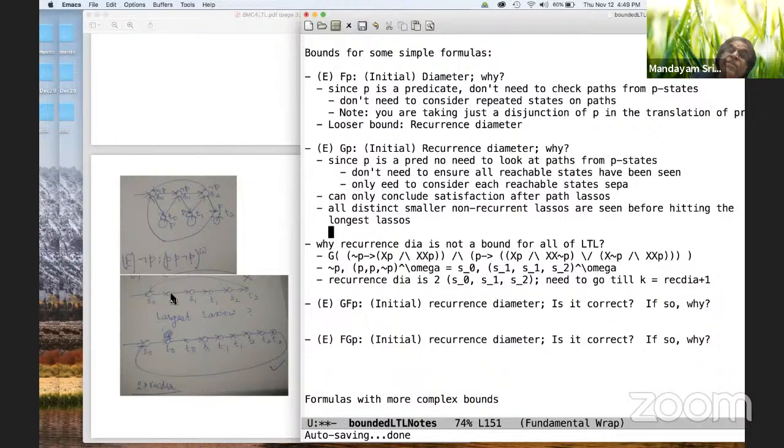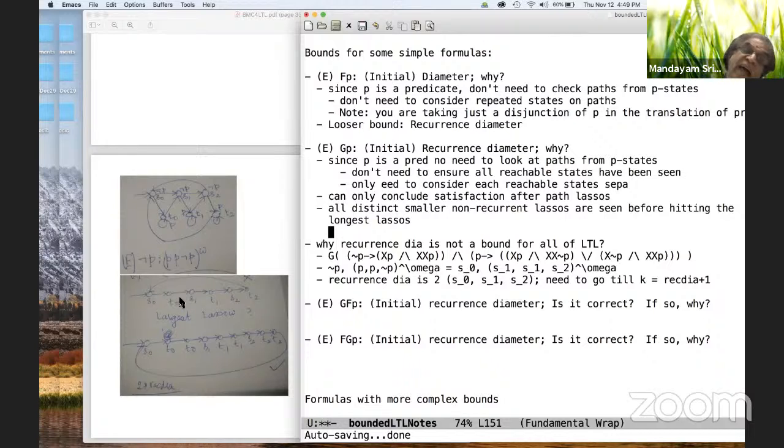If it did not have repetitions, then this would not have been the path exhibiting the recurrence. This would not have been the recurrence diameter. The recurrence diameter itself would have been bigger.